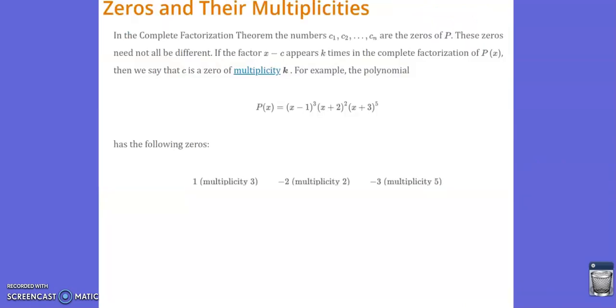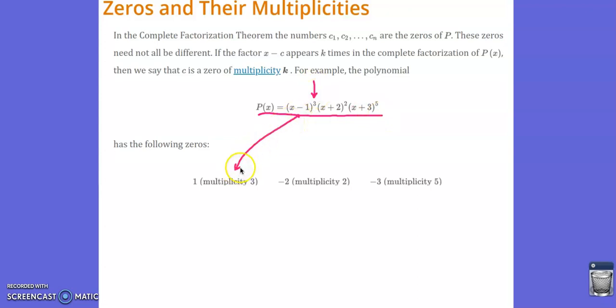So the zeros, we talked about this earlier with real numbers: there exist at most, whatever the highest exponent is, at most that amount of zeros. But with complex numbers, the zeros and their multiplicities, you'll see something else happening here. So notice here you have a polynomial with multiplicity of 3 for the x minus 1.